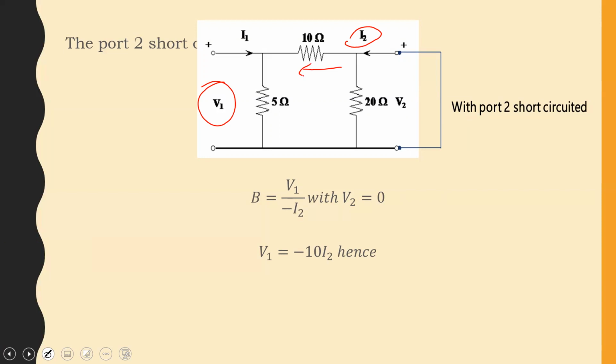The voltage V1 would be the voltage across here. It would cause a current to be going in that direction, which would be the negative of I2. And we know that by convention, I2 is flowing into the network. Fair enough? So rearranging, we get V1 over minus I2 to be equal to 10, which is equal to B. Any questions?